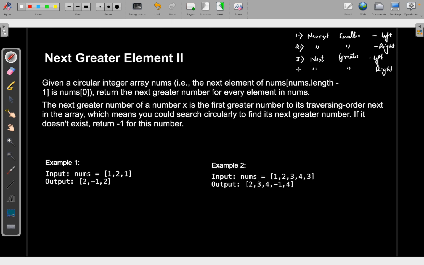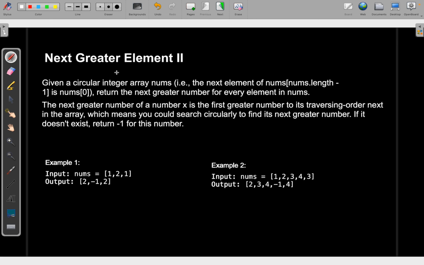So these were the four problems that you should solve and then jump to this problem, because this is a variant of these four problems, and these four are a must to solve. So now let's quickly start.